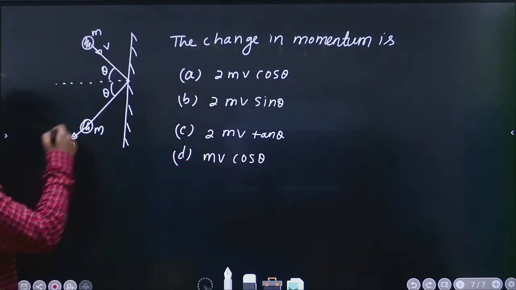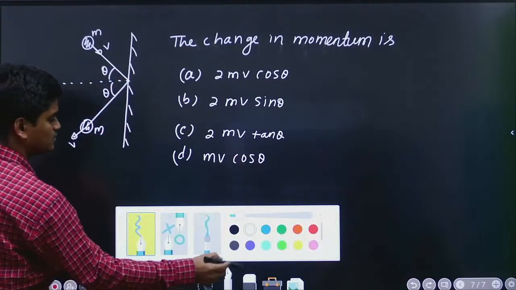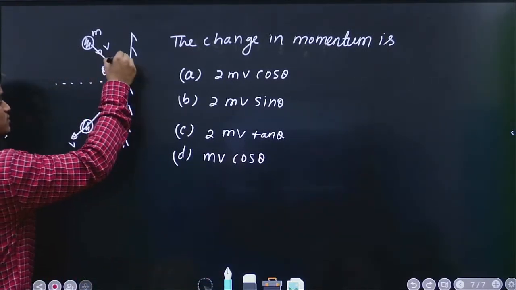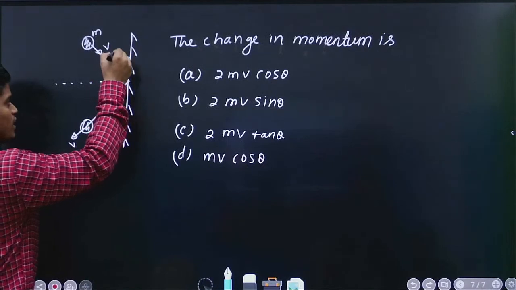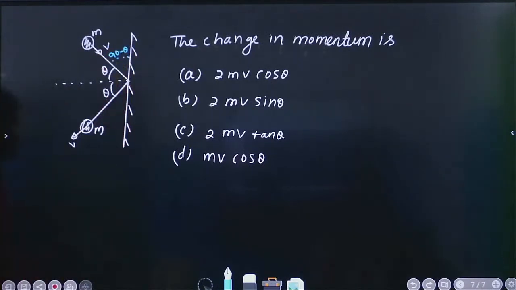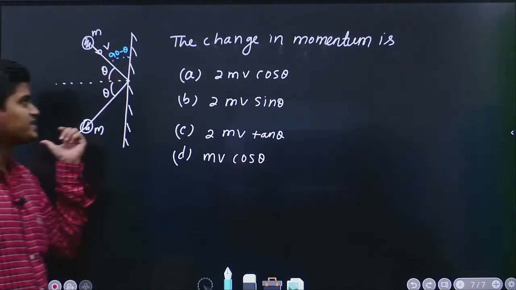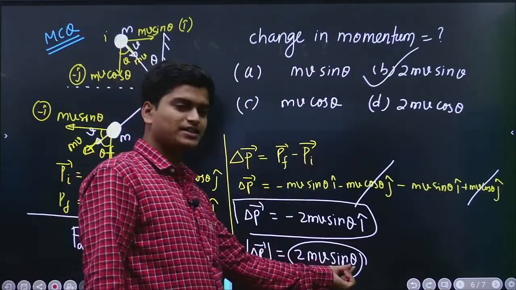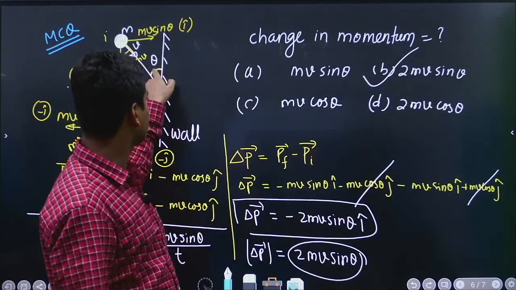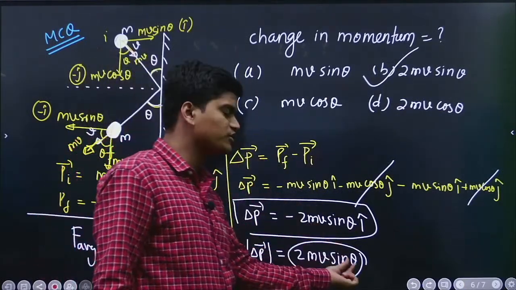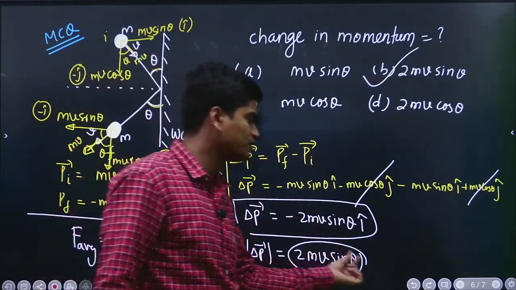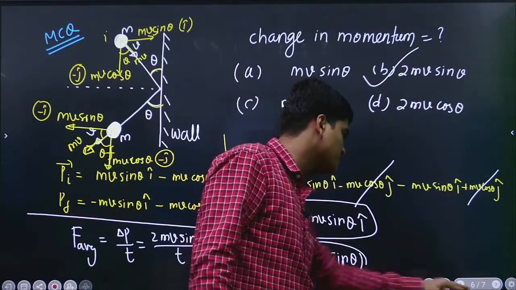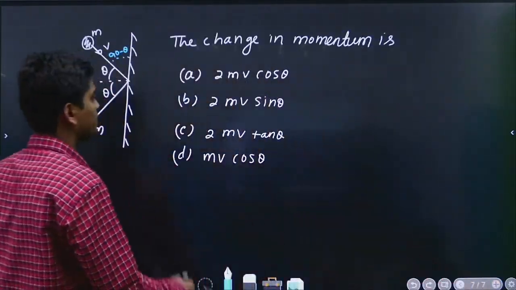See, previously we did this angle as theta, but now it is 90 minus theta. The previous answer came 2 mb sin theta, because this angle was theta. Now in place of it, if I put 90 minus theta, sin 90 minus theta is cos theta.